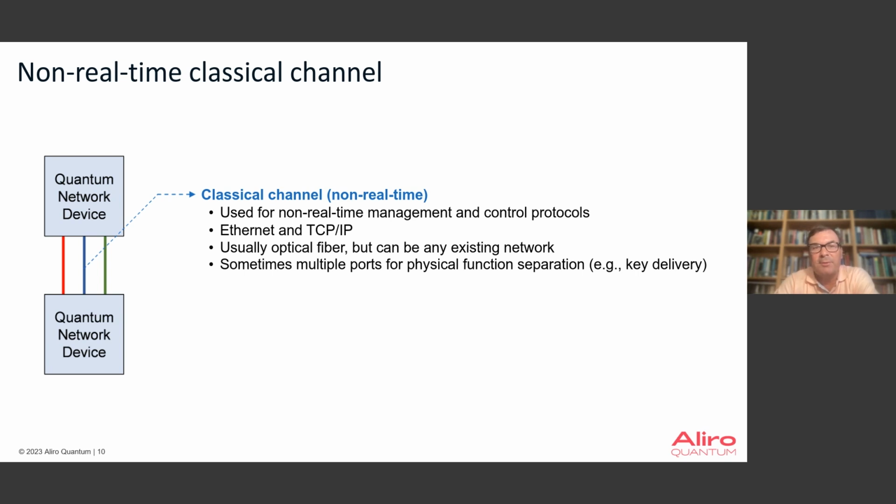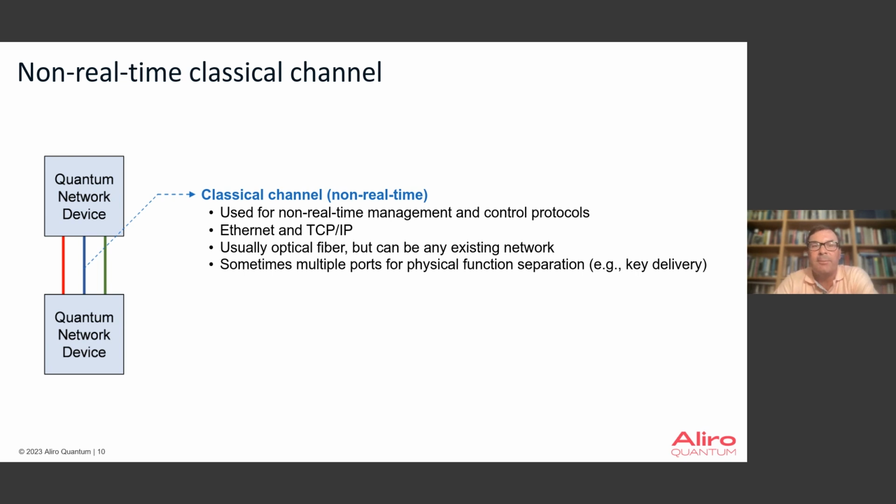In the context of quantum secure communications, examples of such non-real-time control protocols include key post-processing, specifically information reconciliation or privacy amplification, and key delivery protocols. In the more general context of general-purpose entanglement generating quantum networks, examples include topology discovery, resource discovery, and the establishment of quantum virtual circuits.